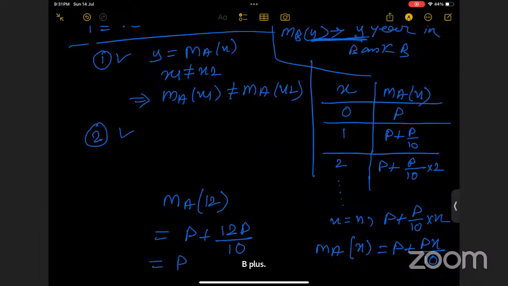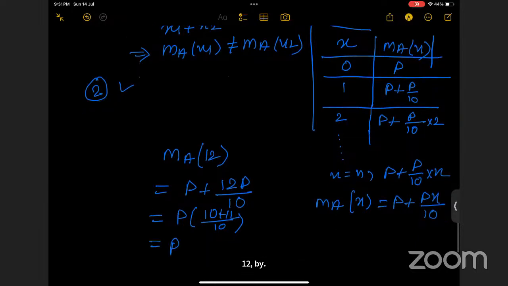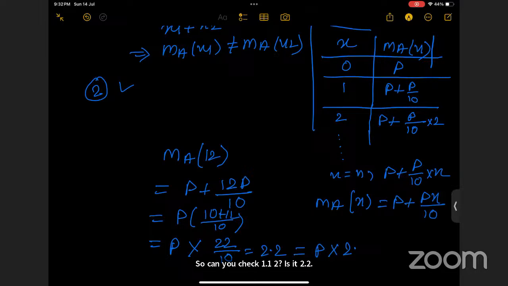So this is P into (10 plus 12) by 10, so P into 22 by 10. This is actually 2.2P, right? Can you check 1.1 to the power 12? Is it 2.2? No, I don't think so. It should not be 2.2. So that option is incorrect.